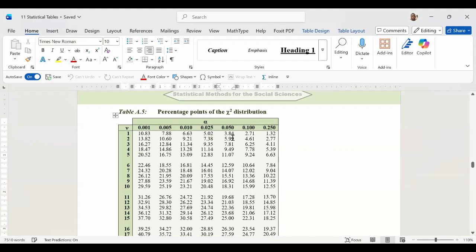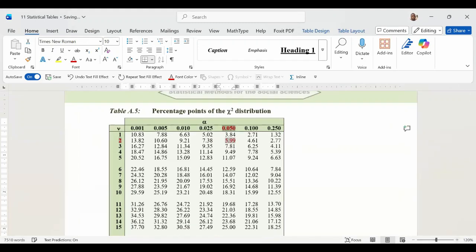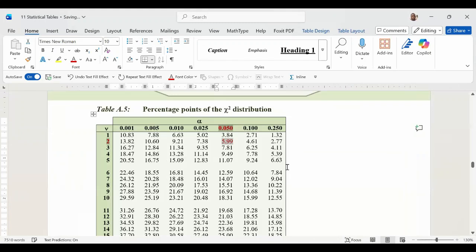So 2 degrees of freedom, this will be it. Can you see? Yes, sir. 0.05, 2 degrees of freedom, so it's 5.99.